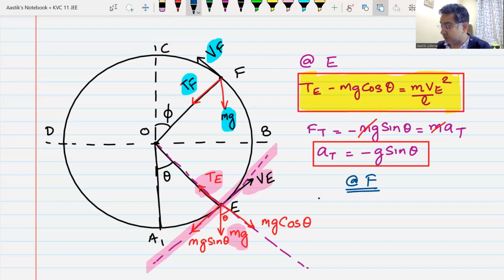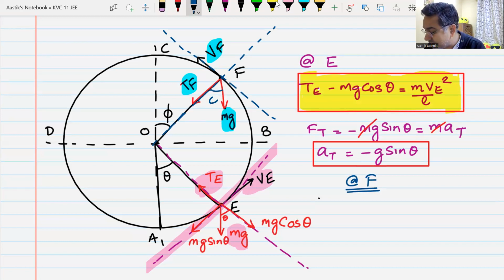Now again, if I look at point F, there are two directions. This is the direction towards the center, and this is the direction along the tangent. You can see mg is not going in either direction.